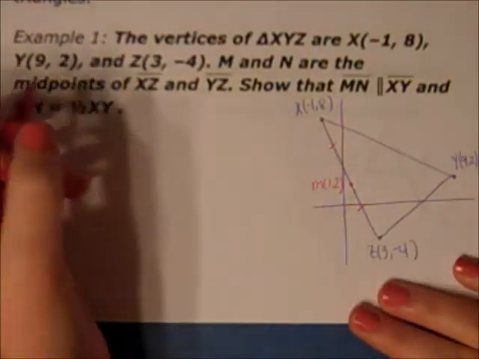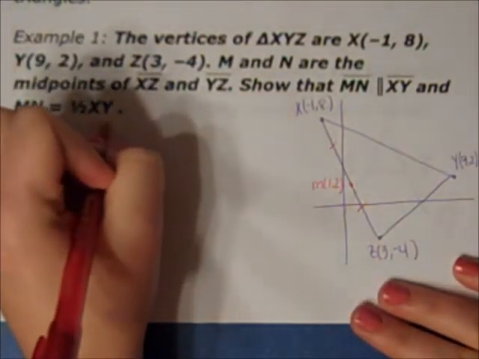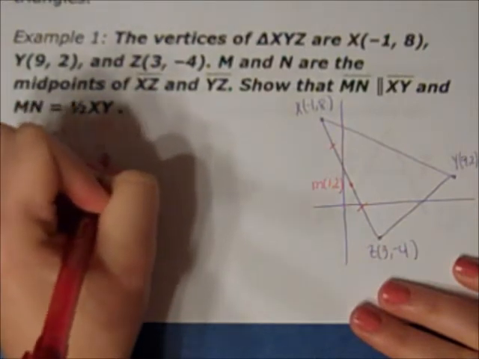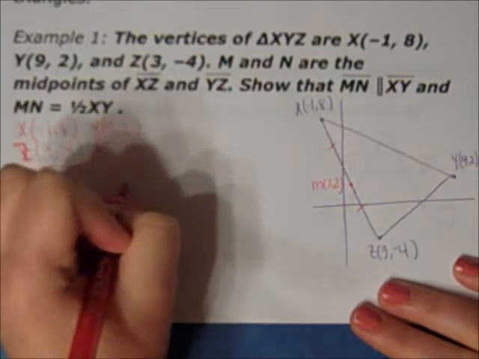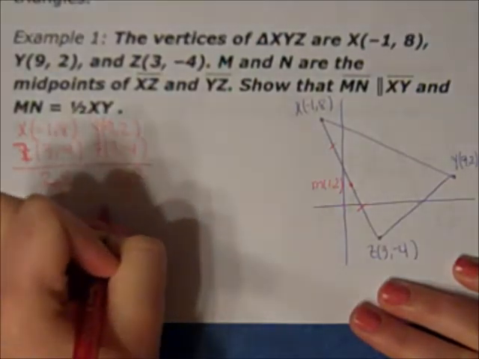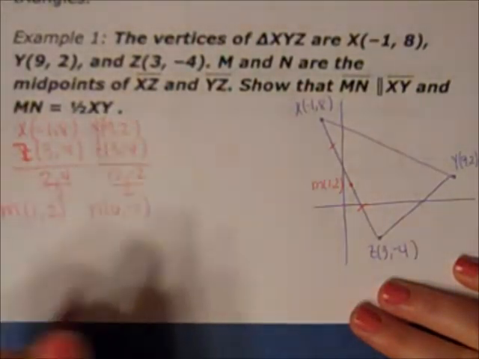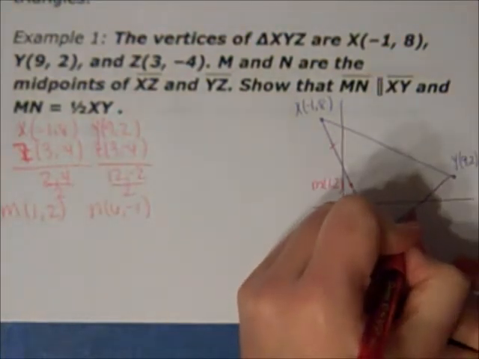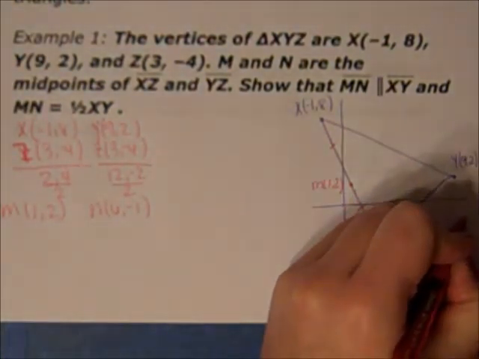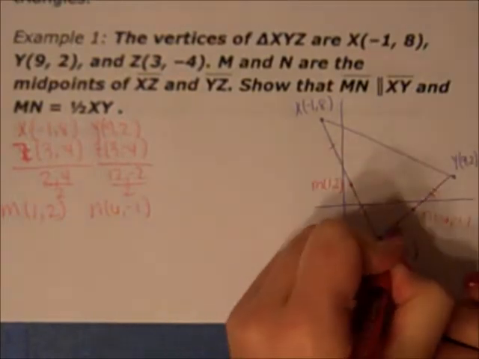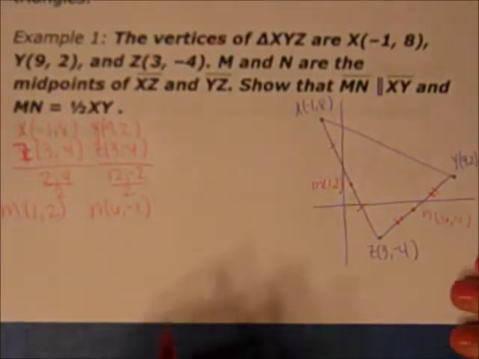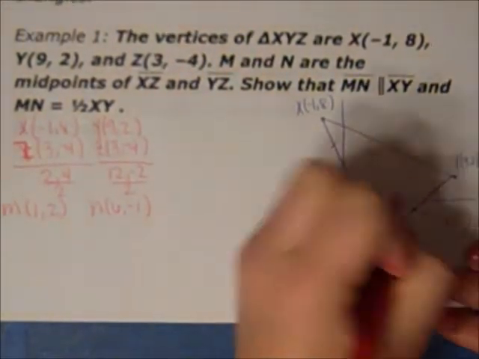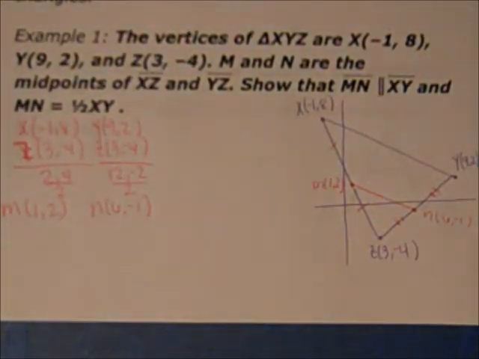Same story with Y and Z. Y is at 9, 2, Z is at 3, -4. Add them up, divide by 2. Point N is going to be located at 6, -1, and that will be the midpoint of YZ. So when I connect M and N, I form the midsegment MN.